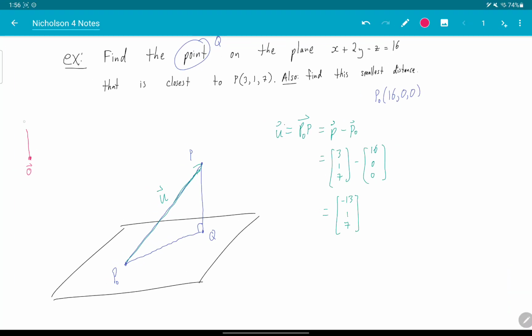Maybe a little bit longer, like so. The normal vector for this plane is given by what is sometimes called the normal equation. So we just take these coefficients, 1, 2, negative 1. The nice thing about that equation is the normal vector is right there.